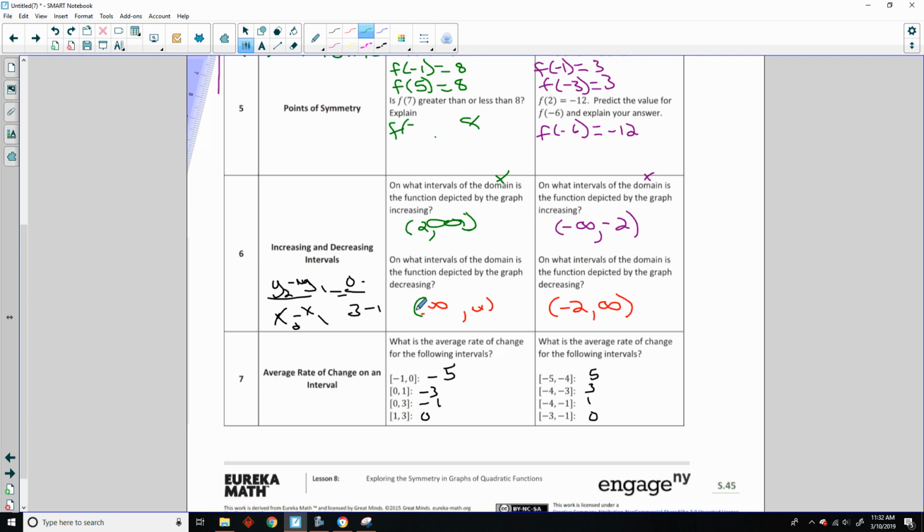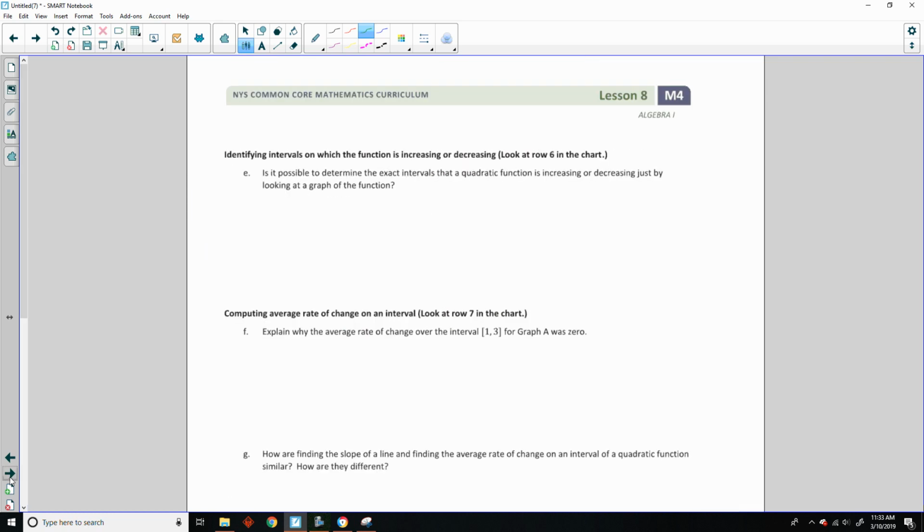And this was 2, negative infinity to 2. Okay, just clean that up for you. So there the values are for 6. And let's go back and read the question.